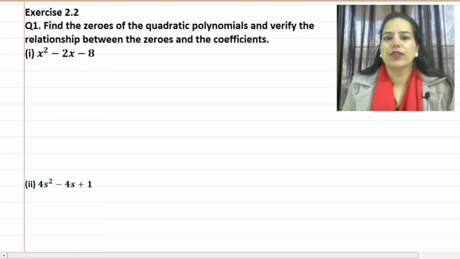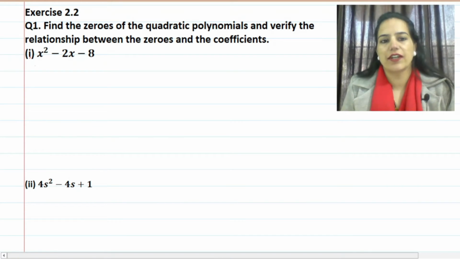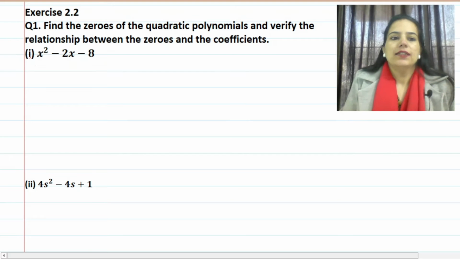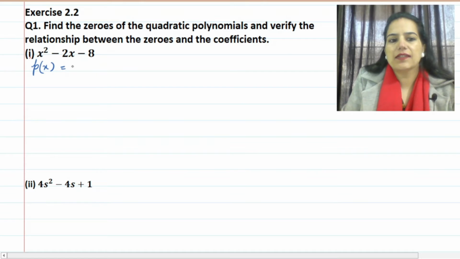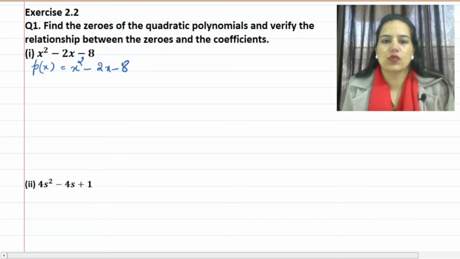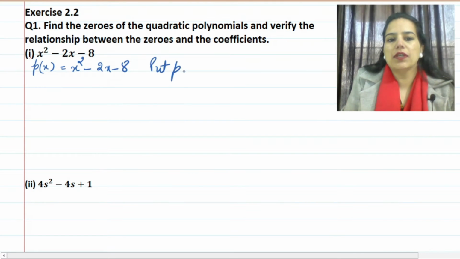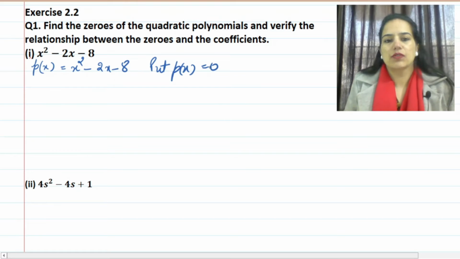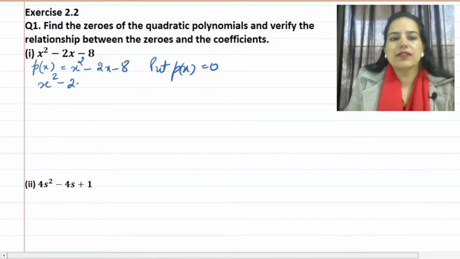So exercise 2.2 now. Find the zeros of the quadratic polynomials and verify the relationship that we have just learned. First let's find the zeros. How do we do that? First let's name it. I'm naming it p(x) is equal to x square minus 2x minus 8. Now I will put the polynomial equal to 0 so that I get the zeros. So x square minus 2x minus 8 is equal to 0.